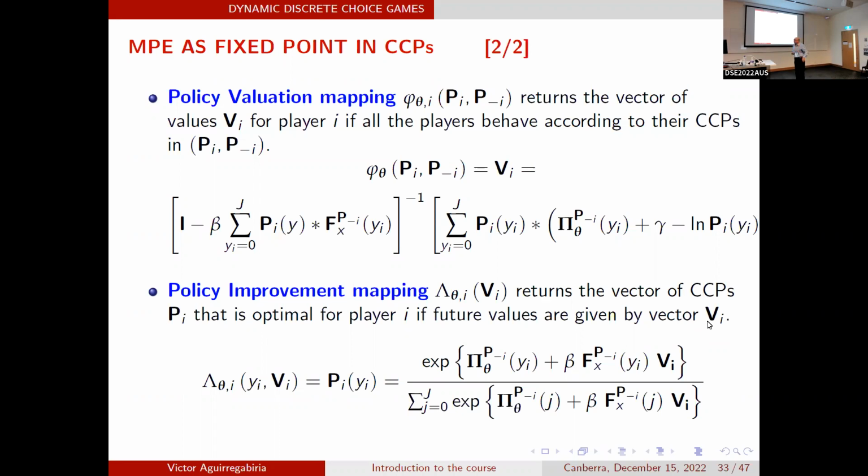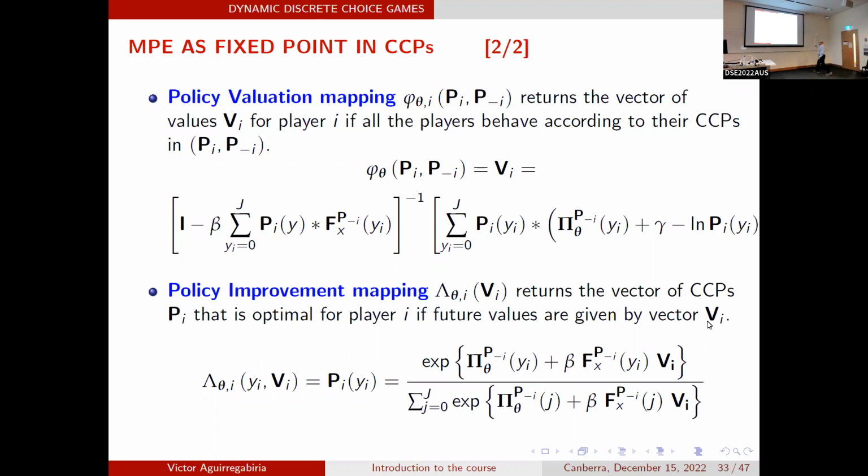They have more of a behavioral interpretation of this quantal response. But yes, it can be seen as a dynamic version of the McKelvey-Palfrey quantal response equilibrium. Exactly.